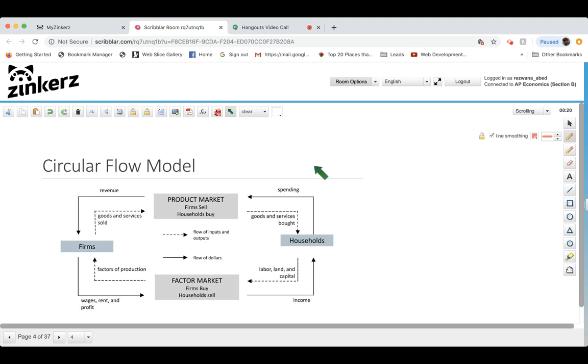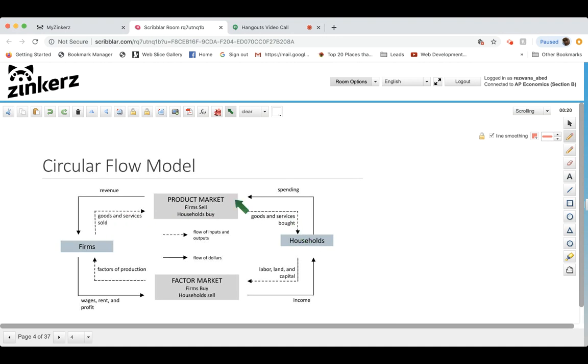Let's start with the flow of inputs and outputs. Firms sell goods and services in the product market, and households buy these goods and services also in the product market.